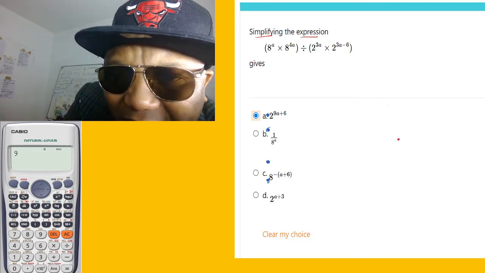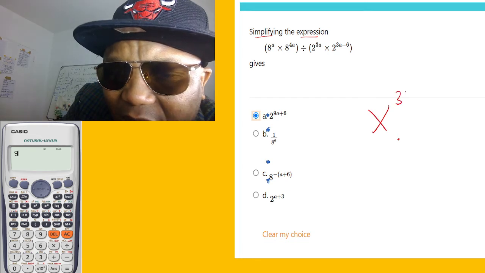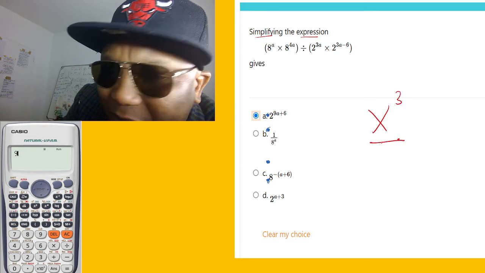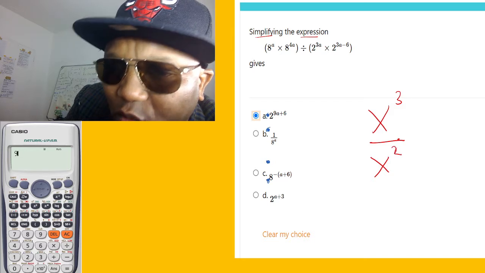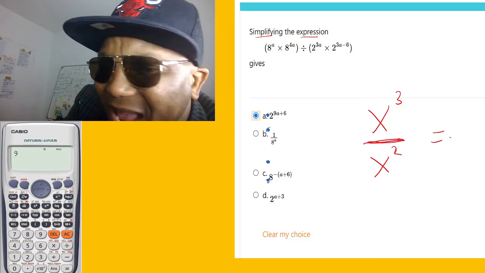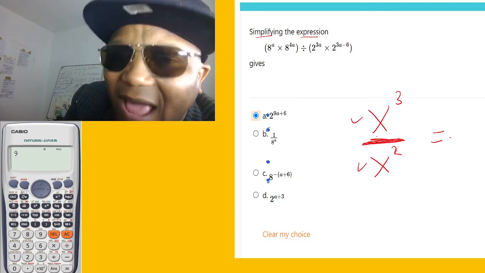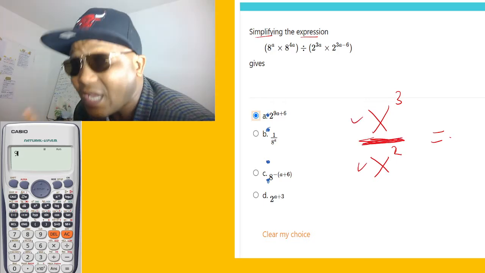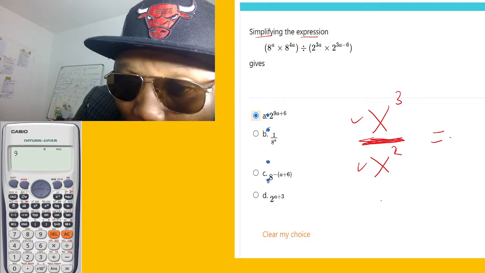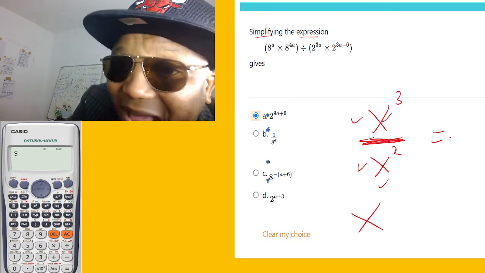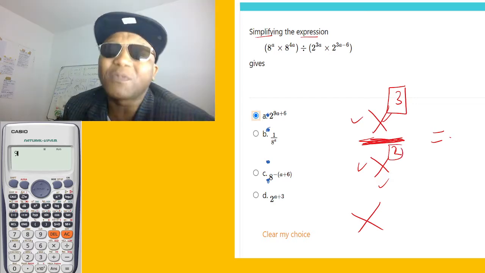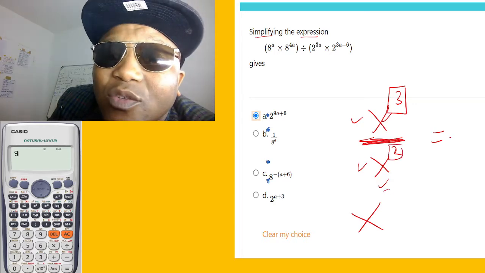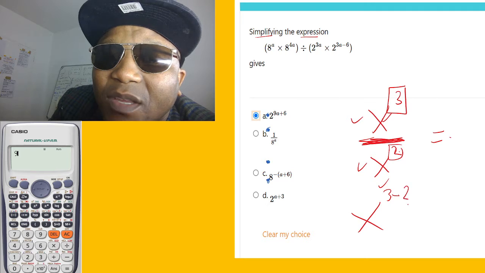For example, if somebody gives x power 3 divided by x power 2, the bases are the same but there's a division now, not multiplication. So you only write one x, and then you take the top number minus the bottom number: 3 minus 2. This is x power 3 minus 2, equal to x power 1.